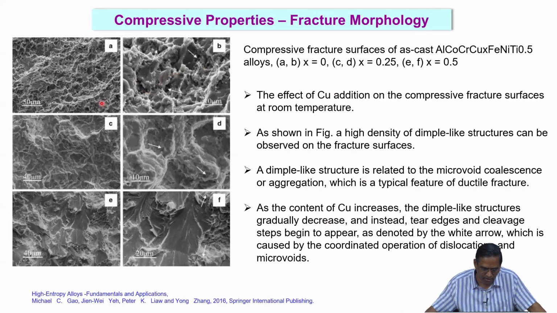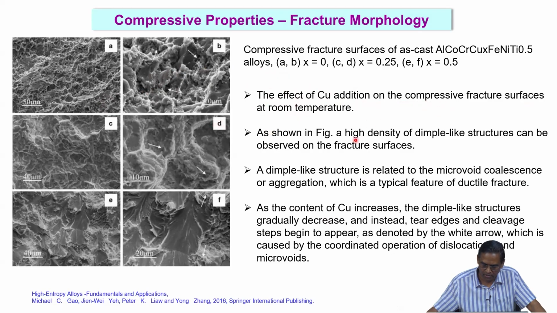And if you look at the fracture surface of this compression tested sample, you can see a very interesting idea. Here the effect of copper addition on the compressive fracture surfaces at room temperature is shown. And what you see is a high density of dimples here, and a dimple-like structure is related to micro-void coalescence.